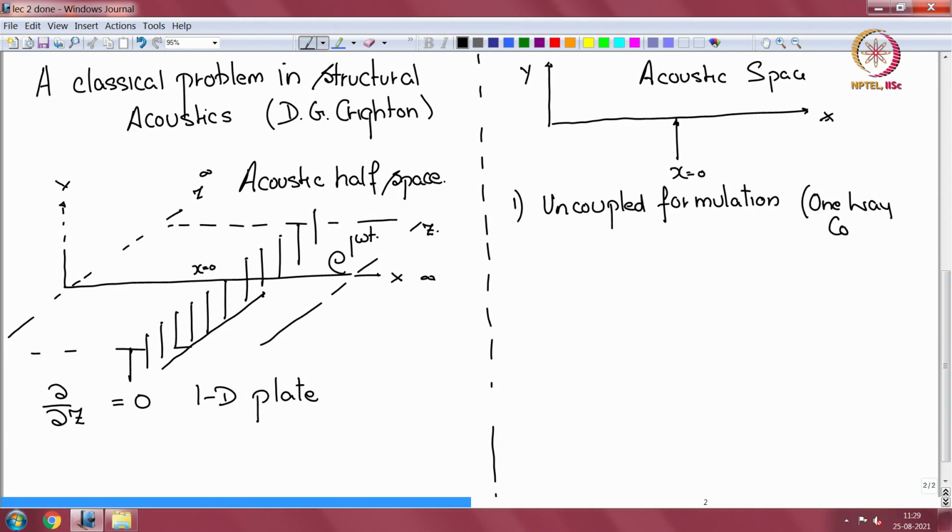The other is called fully coupled, or two-way coupled.